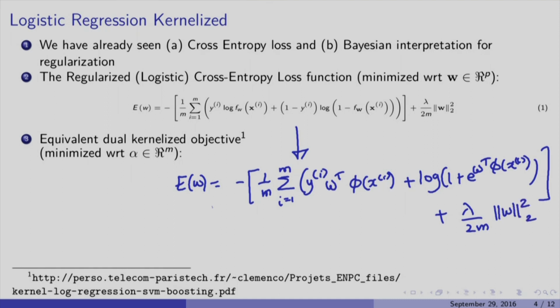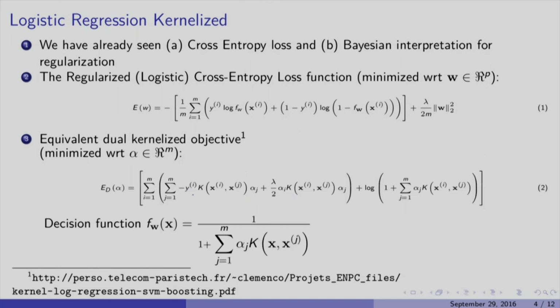Now one can further simplify this, set the gradient to 0, but one can actually make use of some matrix equalities to come up with the following formulation. The dual form, which is equivalent, has this kernel k(xi, xj) times alpha j multiplied by yi.